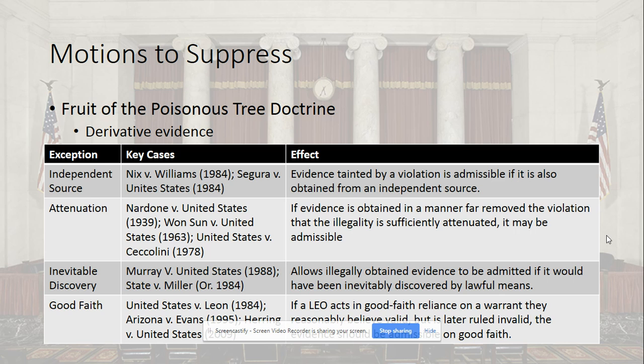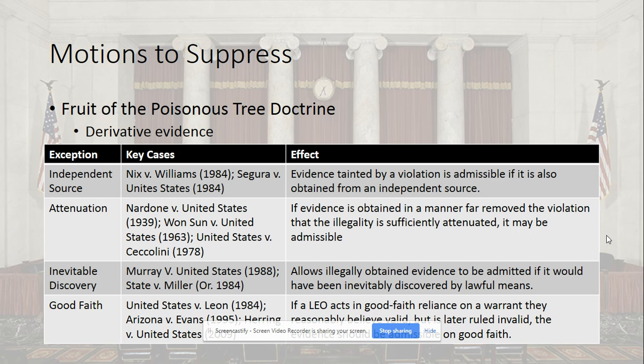So then we come to inevitable discovery. And this basically says that if evidence was illegally obtained, it can be admitted to court if, under the circumstances of its discovery, it would have been discovered eventually. And the best example I have for you here is the Christian burial speech.